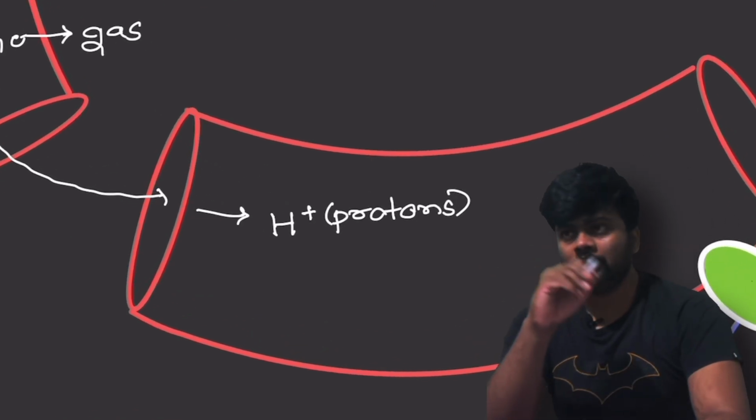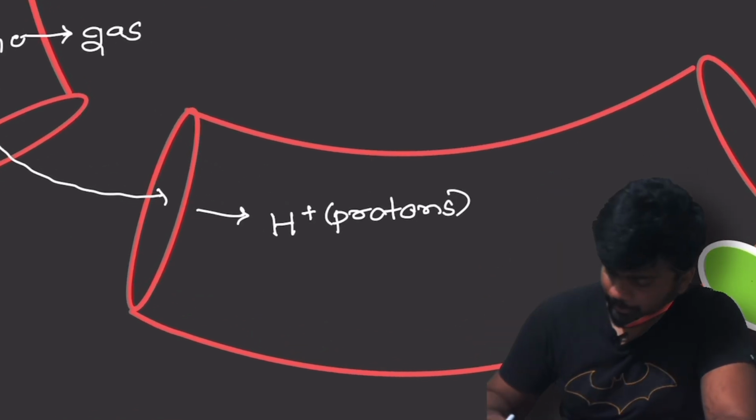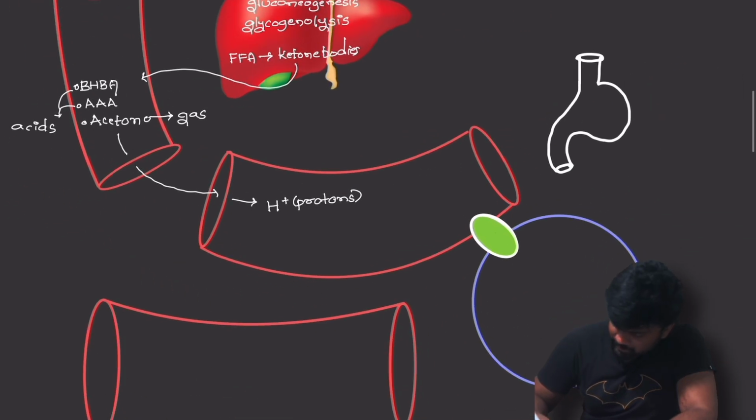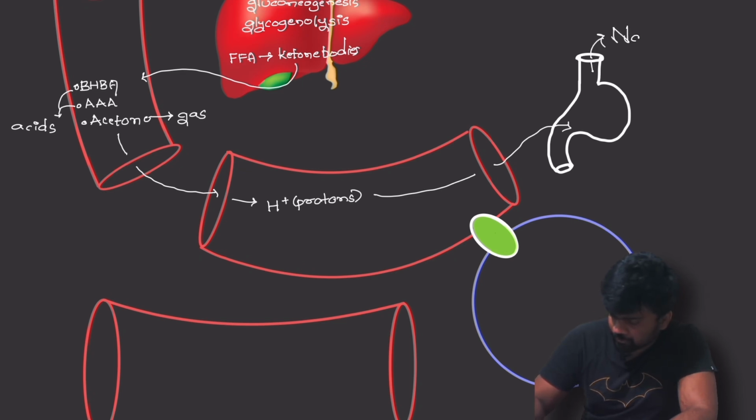Now this proton will undergo three types of changes. I can say two types of changes and one side effect. These protons will be acting on the stomach and can cause nausea and vomiting by irritation.